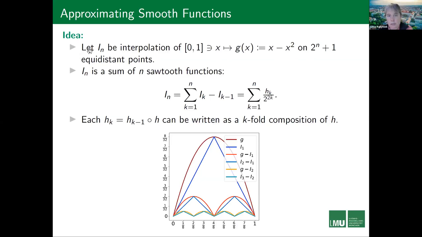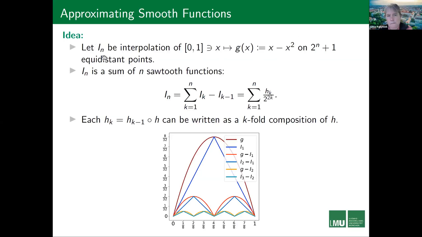For that, let I_n be an interpolation of this function at that many points. This function g you see here, it's in a strange color, brown or deep purple.